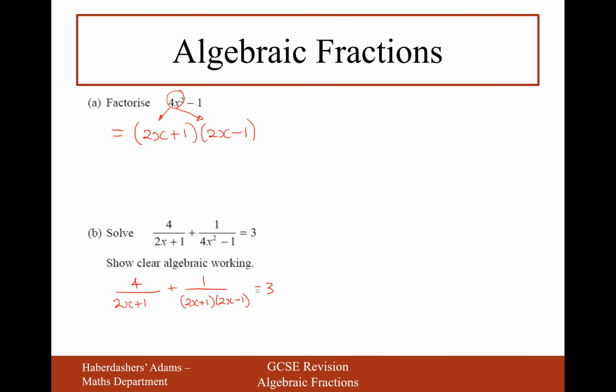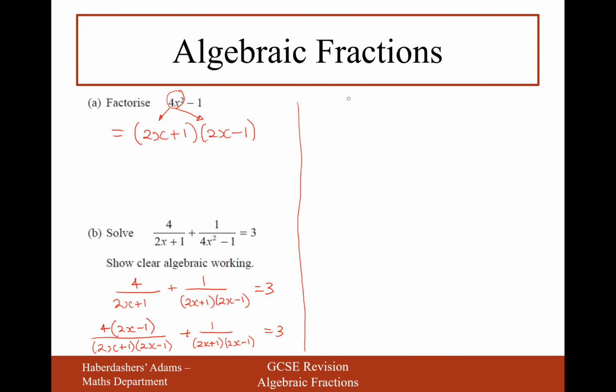And what I'll then identify from there is that on the denominator of the left-hand fraction, if I'm solving this, all I need to do is times top and bottom by 2x minus 1, and I'll then give myself a common denominator between the two fractions. (2x plus 1)(2x minus 1), plus 1 over (2x plus 1)(2x minus 1). And that will then equal 3.